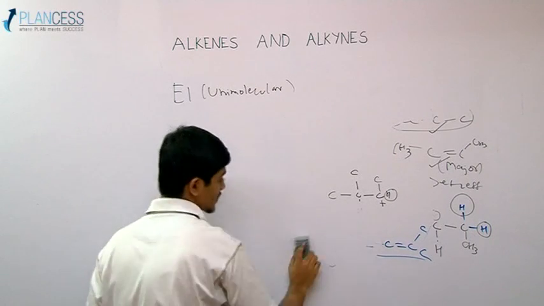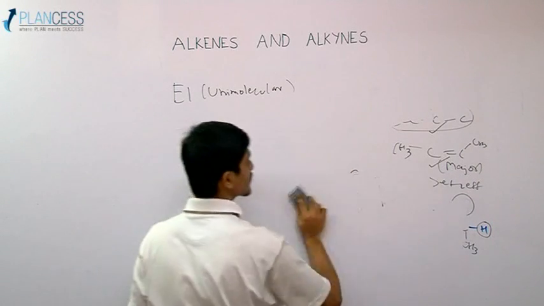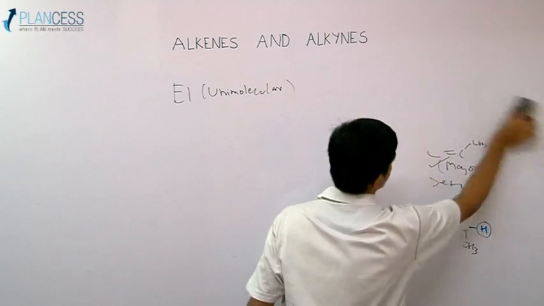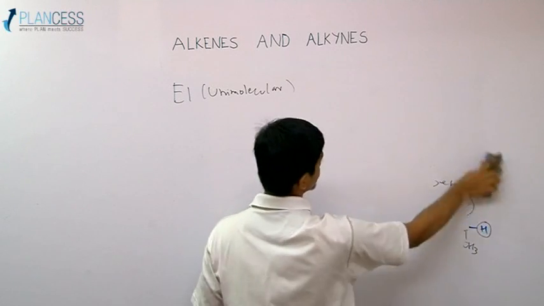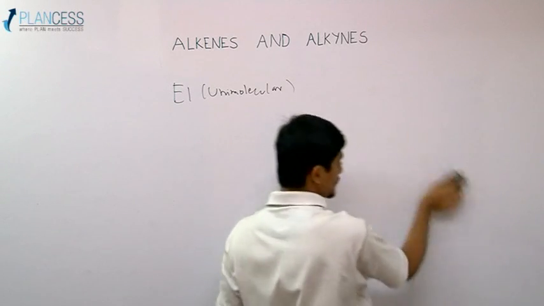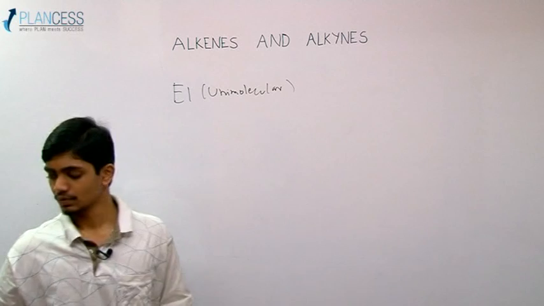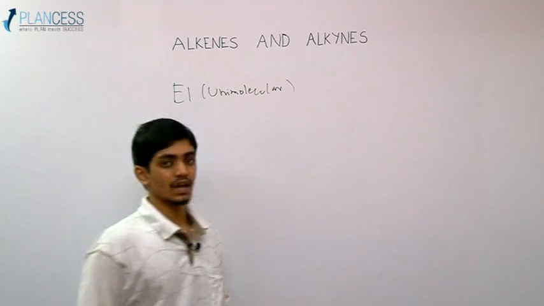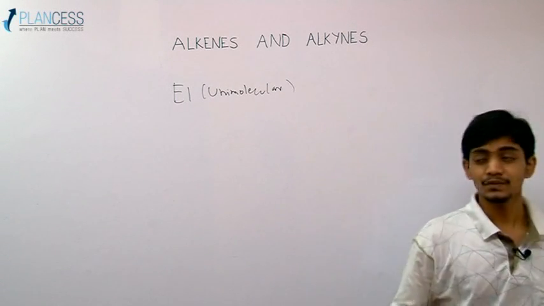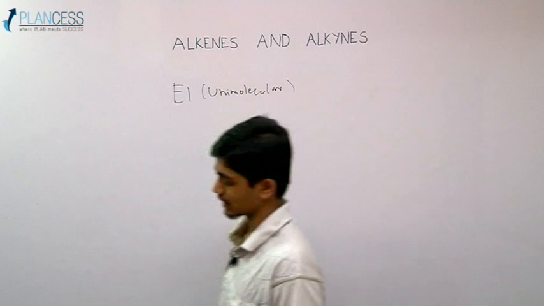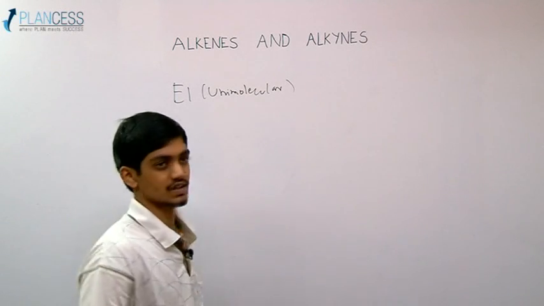Elimination bimolecular suggests that there must be two molecules present at the slowest step, and there are only two important molecules in this reaction: one is the alkyl halide itself and the other is the base. So this suggests that the E2 elimination reaction is a one-step reaction.